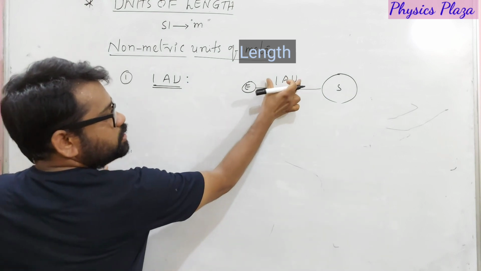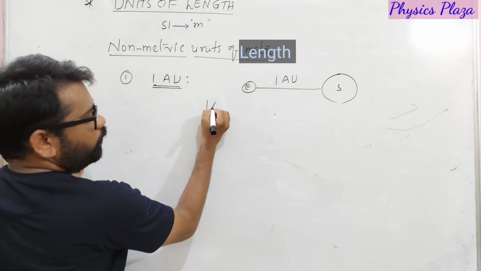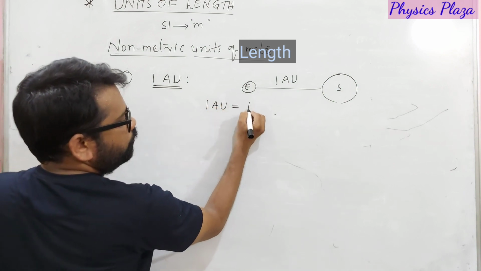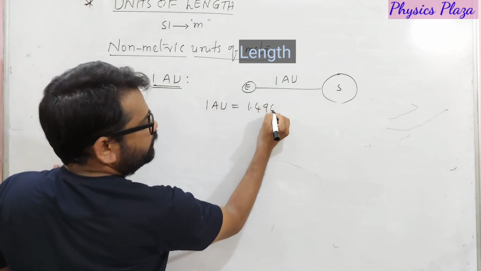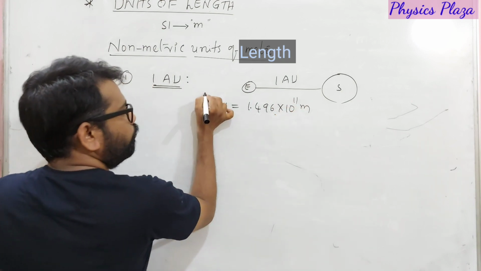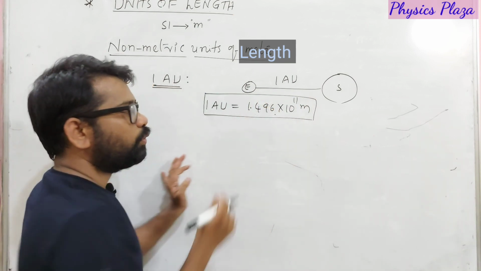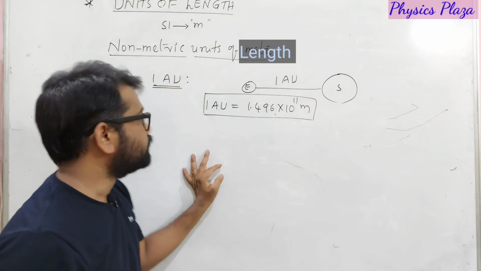Children, how is the astronomical unit related to the meter? It's very important. 1 astronomical unit is equal to 1.496 into 10 to the power of 11 meters. 1 AU is equal to 1.496 into 10 to the power of 11 meters.